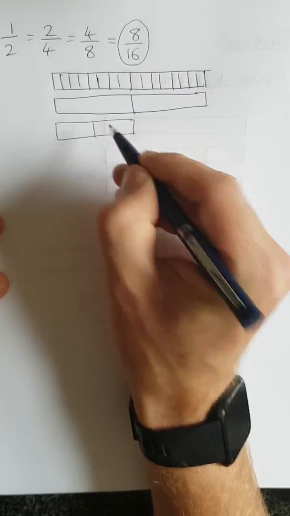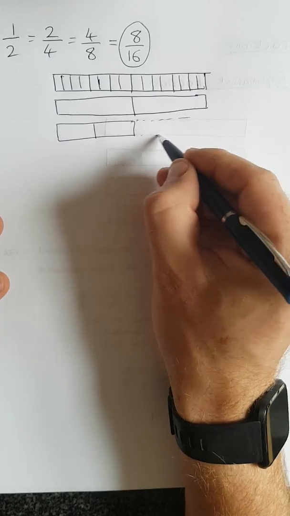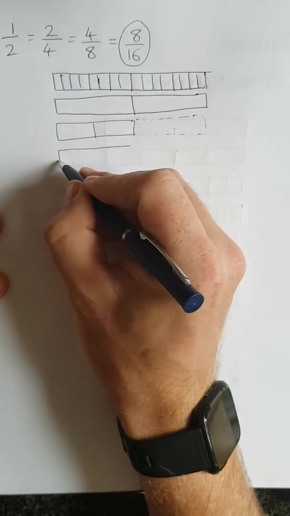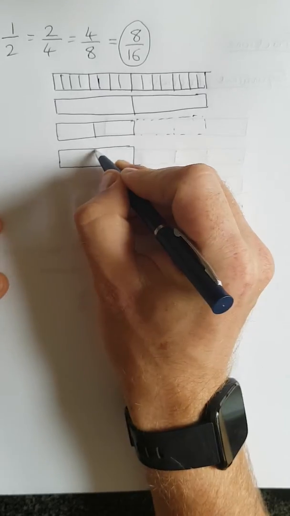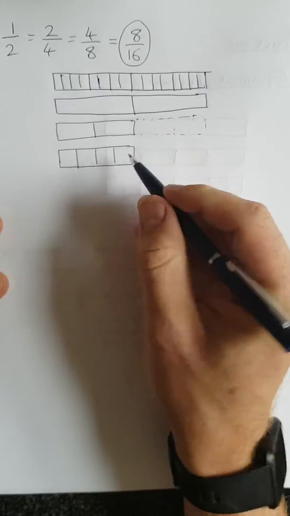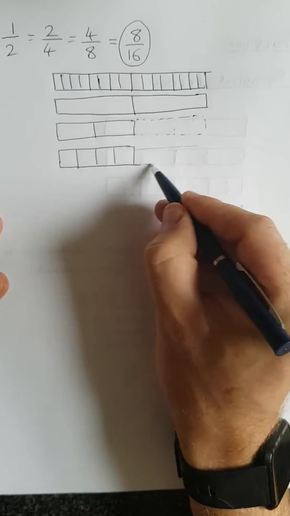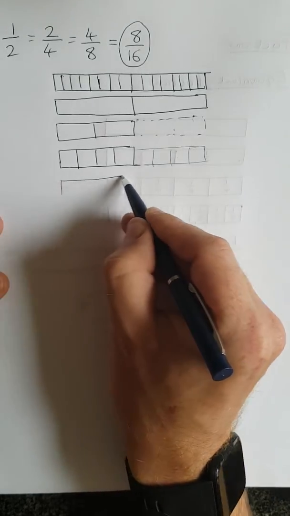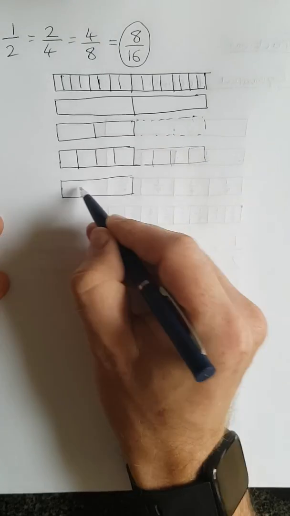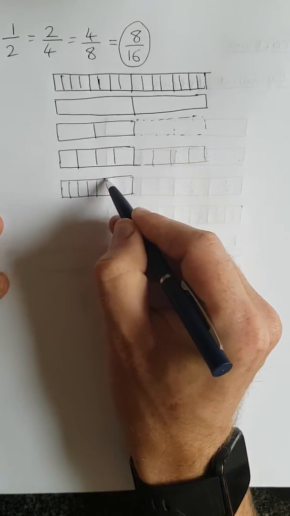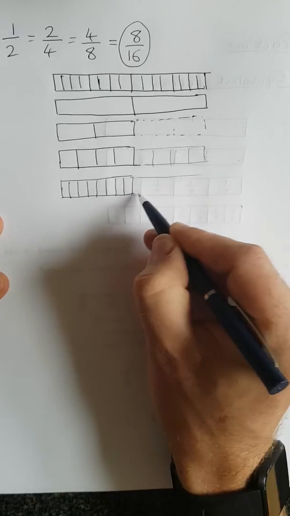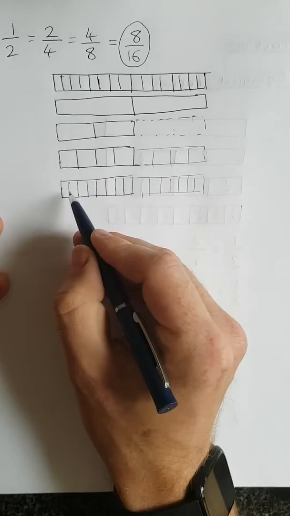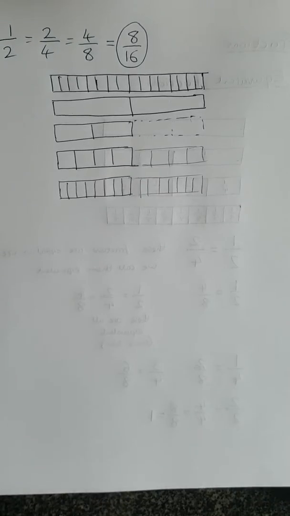There is a half. Now it's cut into, that's right, 2/4. When I cut it again, it's now 4/8. When I cut each of those pieces up, I now get 16 pieces in total.